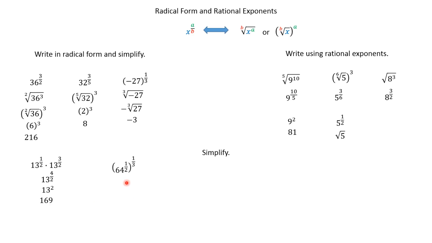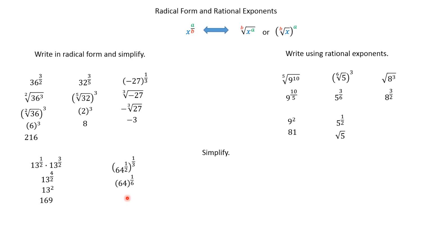How about something like 64 to the 1/2 to the 1/3? Well, we have a power of a power. When you have a power of a power, you multiply the two powers. And so 1/2 times 1/3 is 1/6. 64 to the 1/6. That'll be the 6th root of 64.